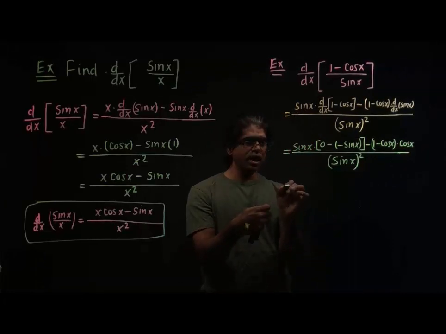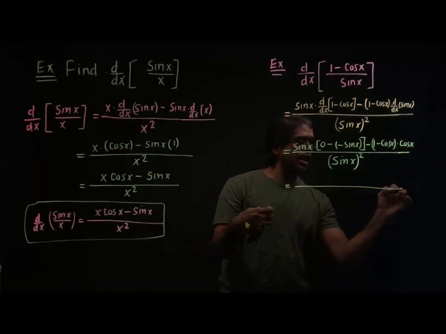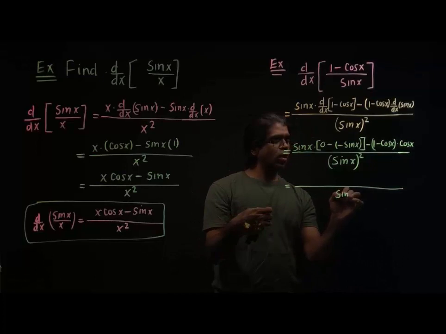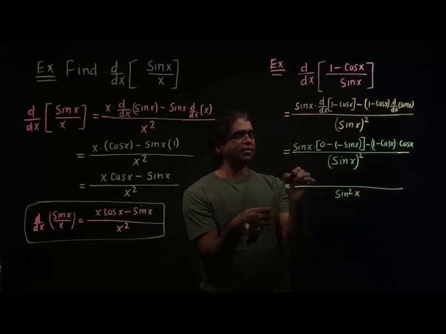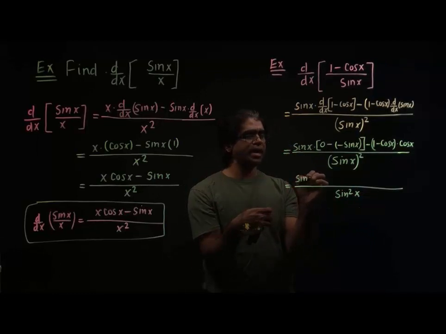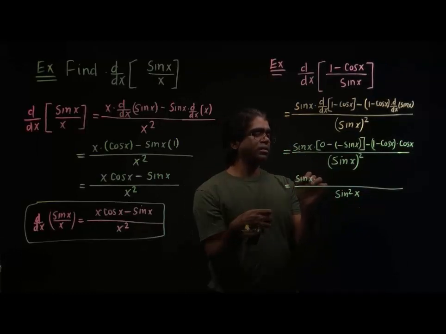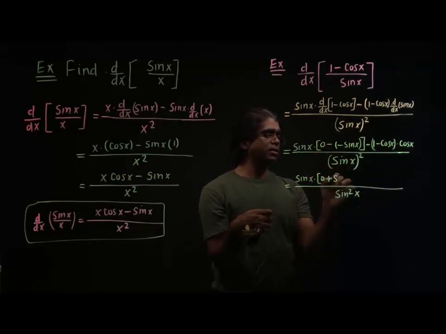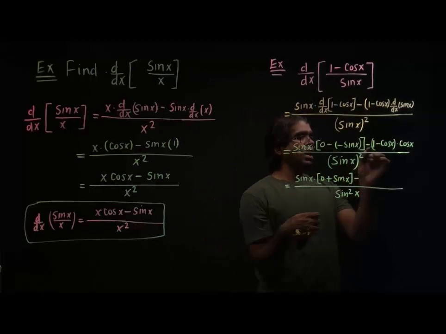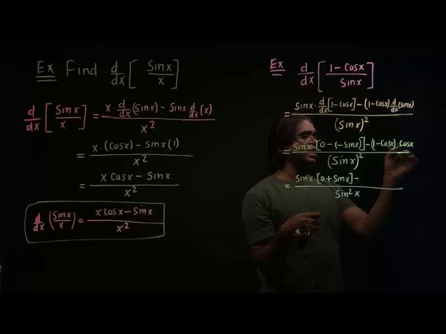Now let's simplify further. I will write sine squared x at the denominator, and at the numerator I have sine x times 0, and then minus times minus is positive, so I will write plus sine x, minus 1 minus cosine x times cosine x.